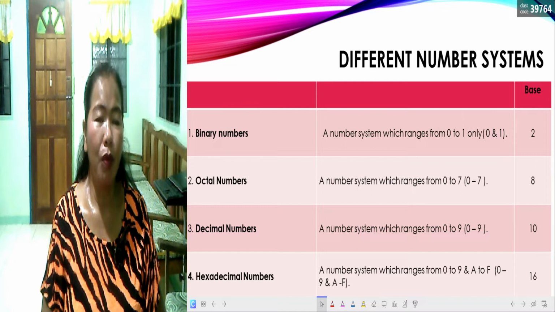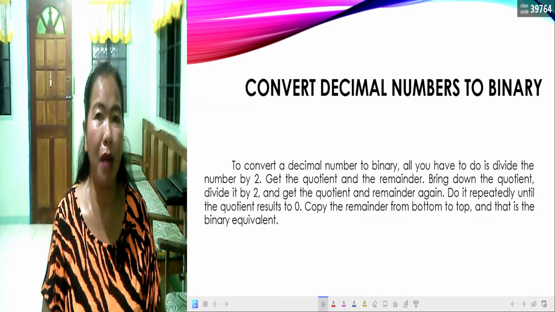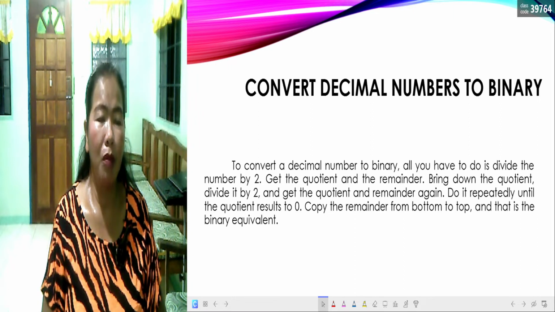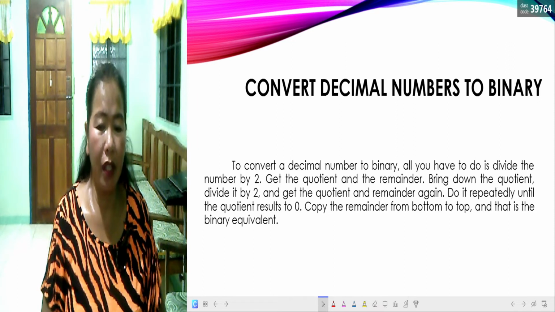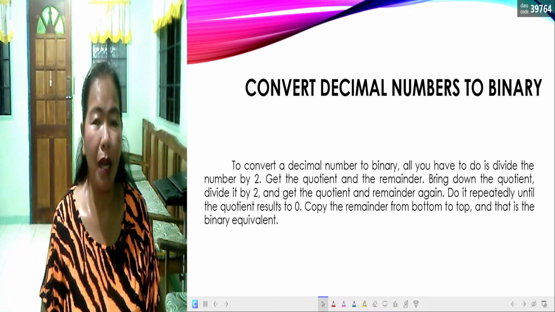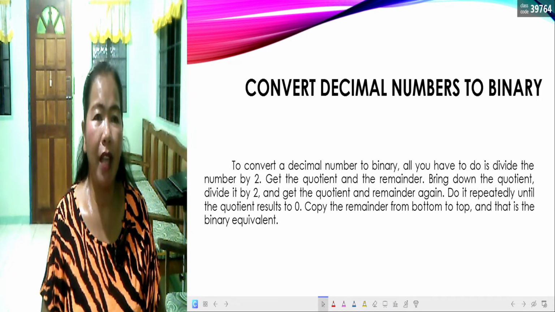So this time, we will learn how to convert decimal numbers to binary numbers. We will start from decimal to binary because these are the numbers that we are using daily, the decimal number system. This is based on our 10 fingers.